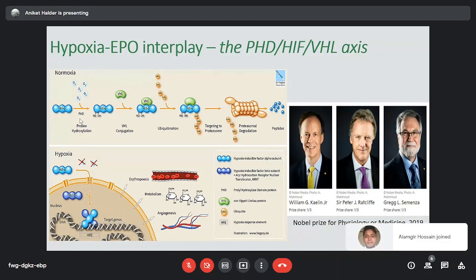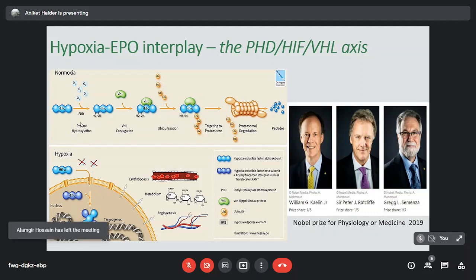This hypoxia inducible factor is constitutively expressed and is present in virtually all nucleated cells. This HIF, or hypoxia inducible factor, has two subunits. One is the HIF alpha subunit, which is present in the cytoplasm, and the other is the HIF beta subunit, which is present in the nucleus.